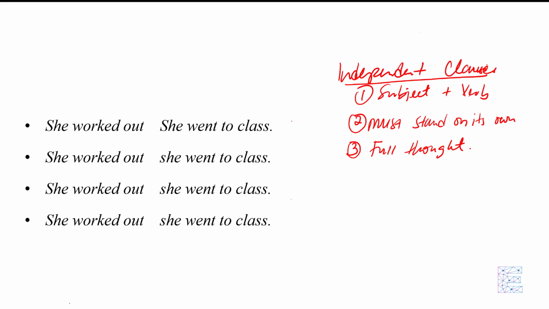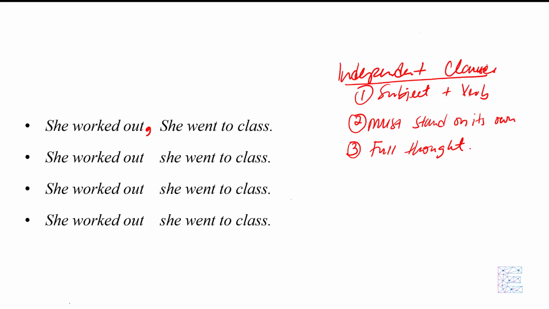Now, the million-dollar question is this. Are we allowed in English to separate 2 independent clauses using a comma? Now, every time I've asked this question in face-to-face settings, I get a pretty good mix of yes and no's. So if you say yes, that's understandable. If you say no, that's also understandable.